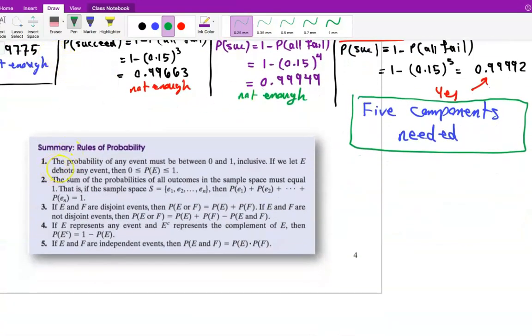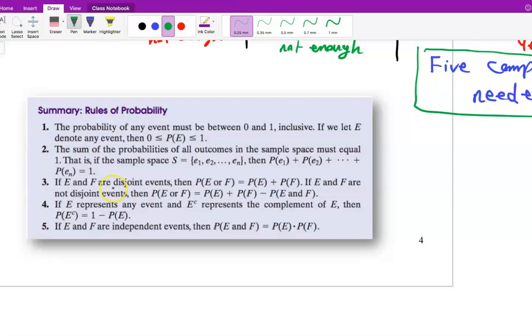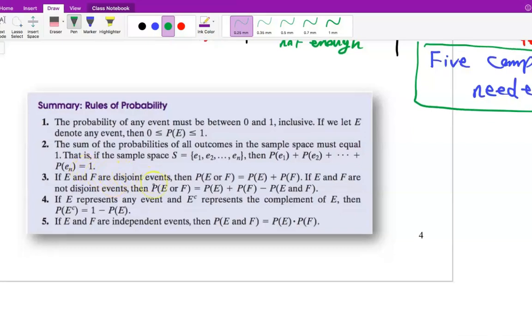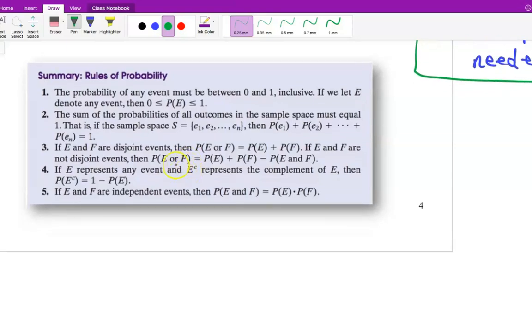Okay, and this is where we have the summary rules of probability. So we covered all these. The probability of each event should be between 0 and 1, and adding all of them should be equal to 1. And when you have or in between, so this is the union, it is the probability of E plus the probability of F minus the probability of E and F, and is the intersection.